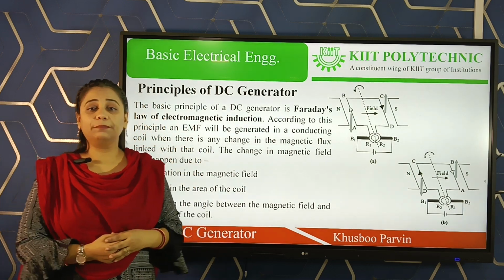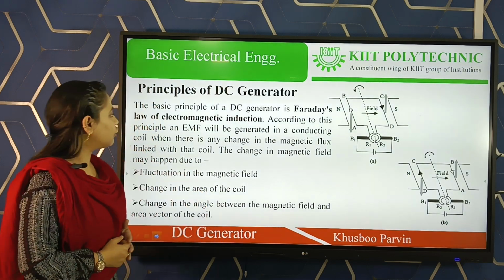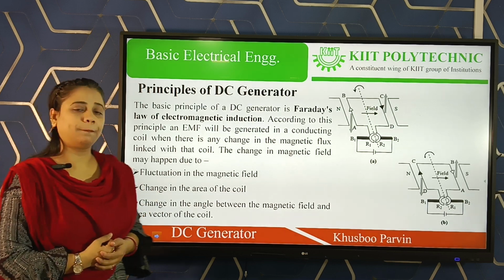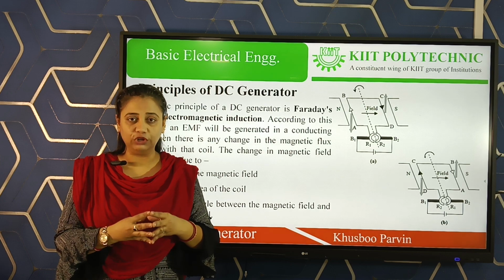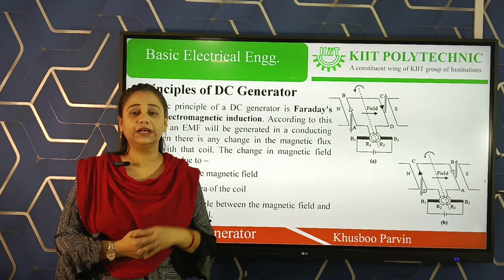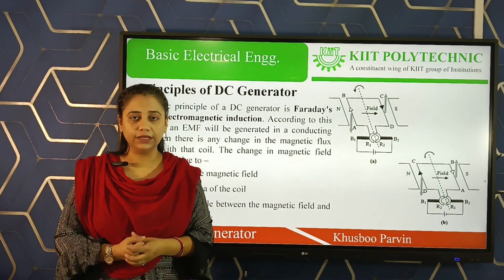That EMF causes current to flow through the conductor. According to Faraday's second law, the magnitude of the EMF induced across the two ends of the conductor depends upon the amount of flux that links with the conductor.